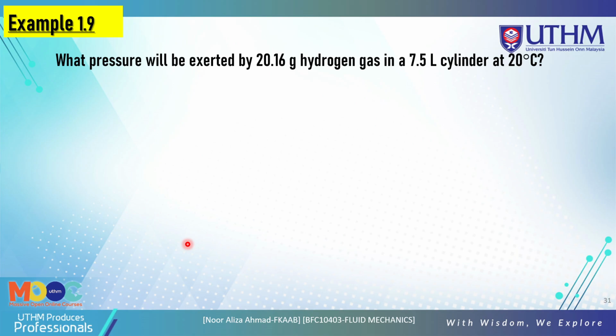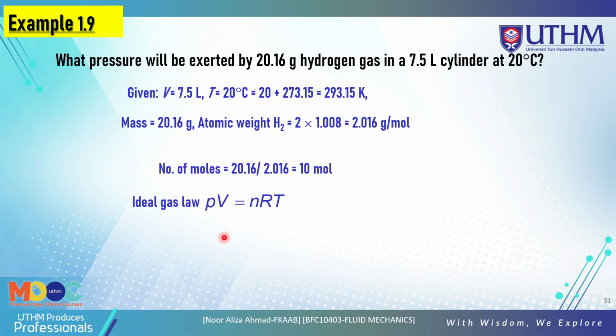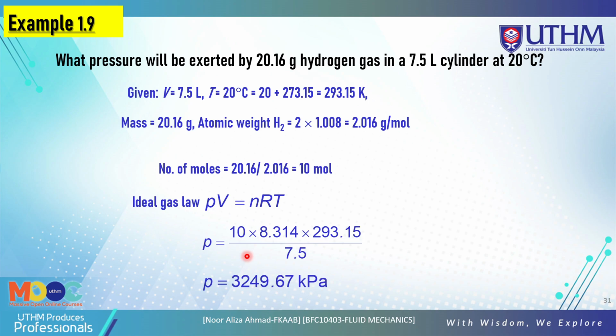So what pressure will be exerted by 20.16 gas hydrogen? So use the equation that is given here. Just put all the values in this equation, the ideal gas law here. So you get the pressure in kilopascal.